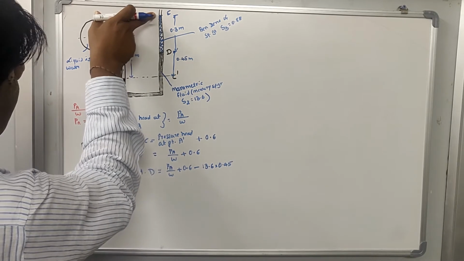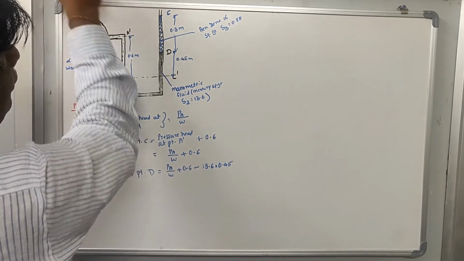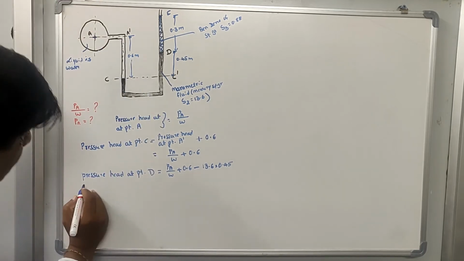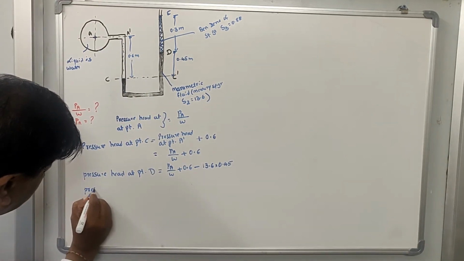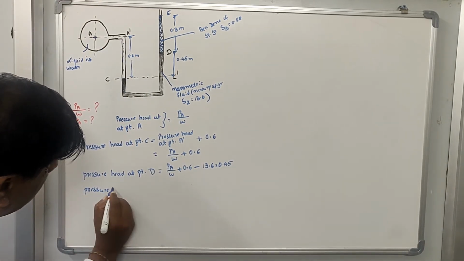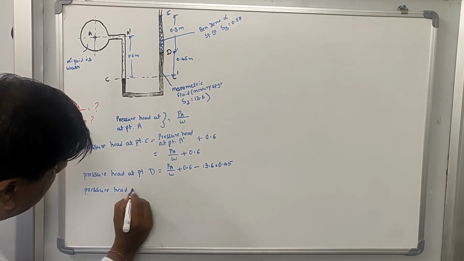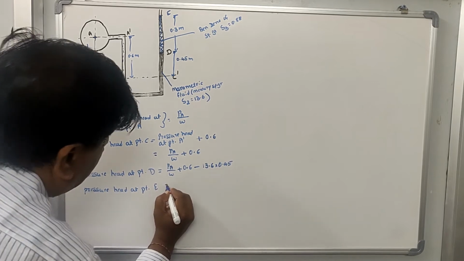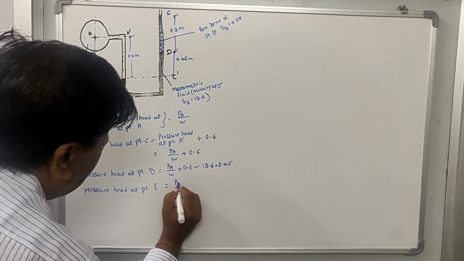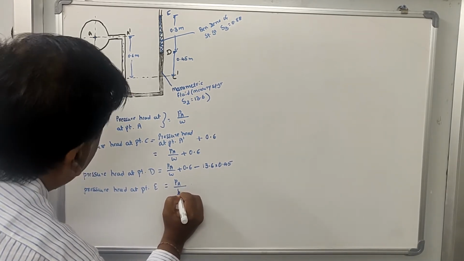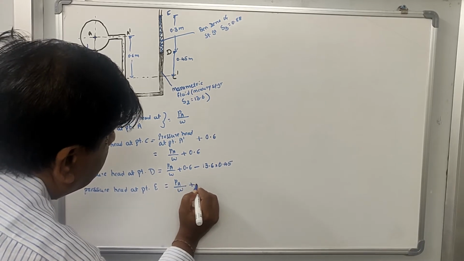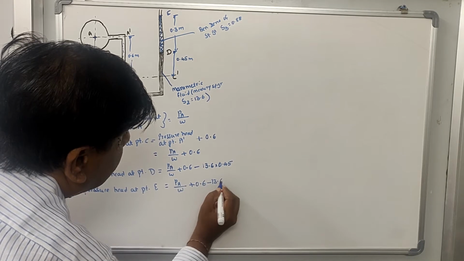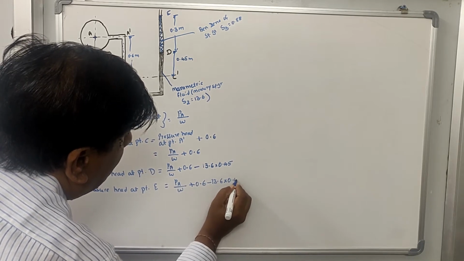Now next you can calculate pressure head at point E, which is also exposed to the atmosphere, where the pressure head is 0. So pressure head at point E is equal to PA by W plus 0.6 minus 13.6 multiplied by 0.45.